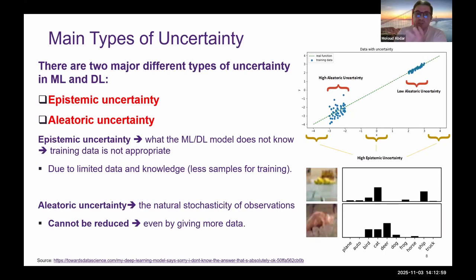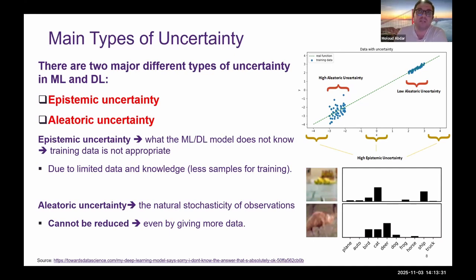Epistemic uncertainty happens when the model doesn't know, and it's kind of like the training data is not appropriate. We have noise, and due to limited data or knowledge, for example, very limited samples for training, epistemic uncertainty happens, and we can reduce it.